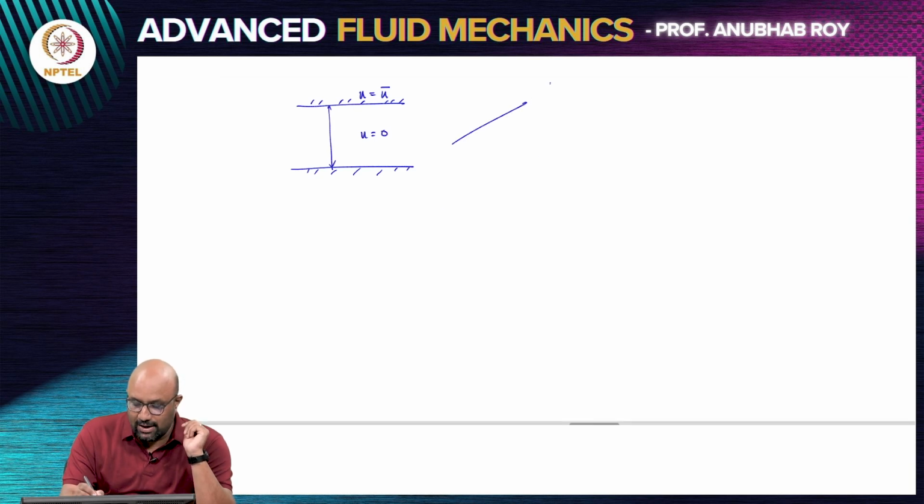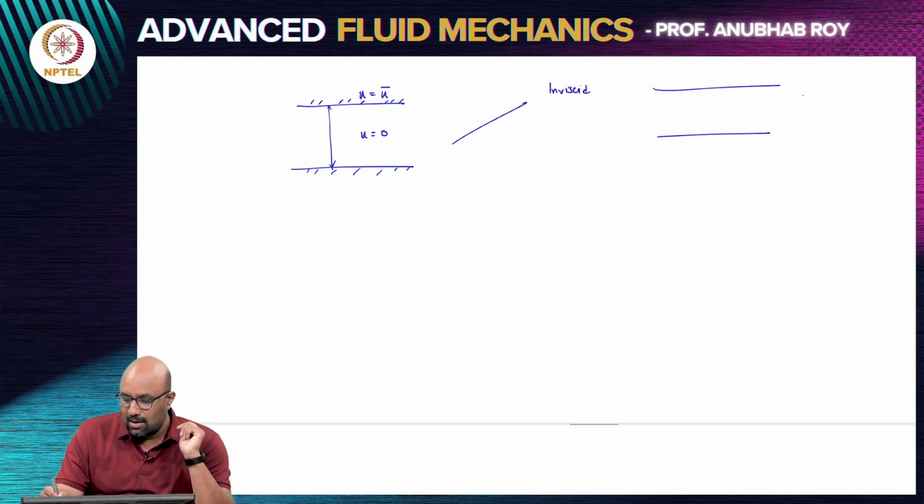Now if you did an inviscid calculation, the top plate moves with a velocity u equals u bar, and the bottom plate is stationary. The fluid in between will continue to be in a state of rest.